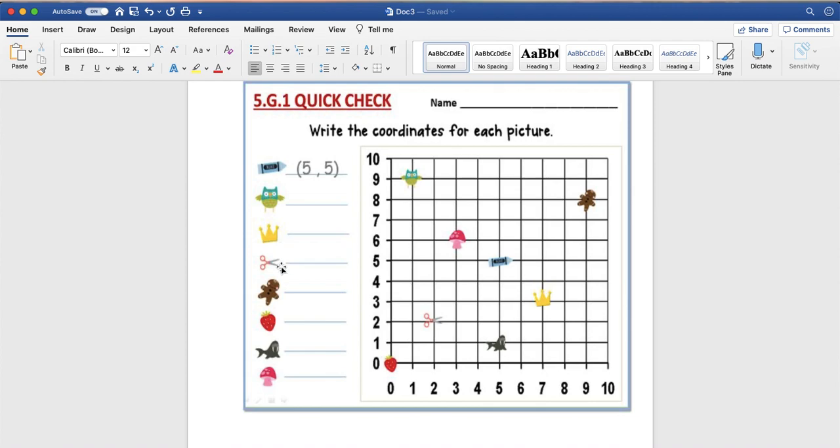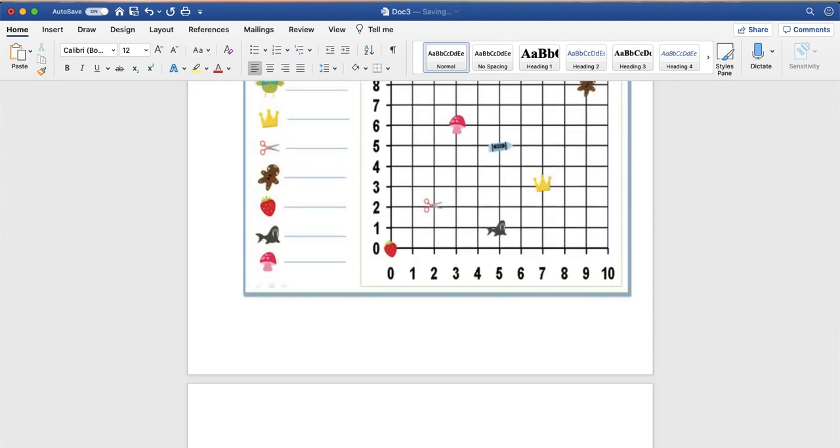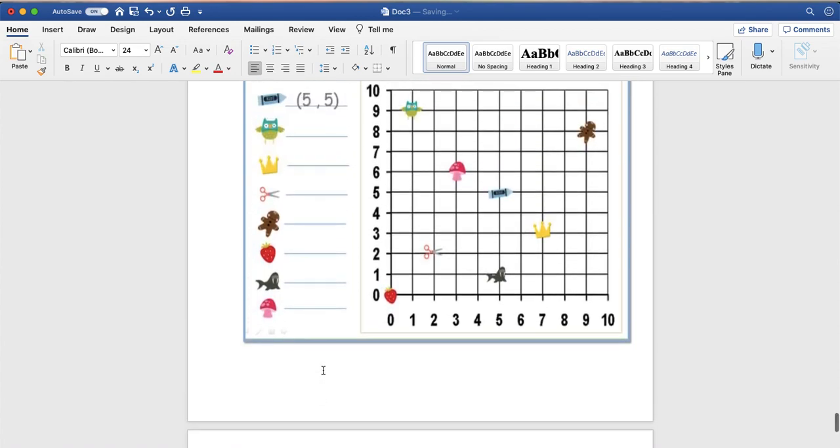So now we need to locate all of these items and write their directions. So let's go to the owl. We need to find directions of how to get to my owl. So remember, let's start off with my parentheses.